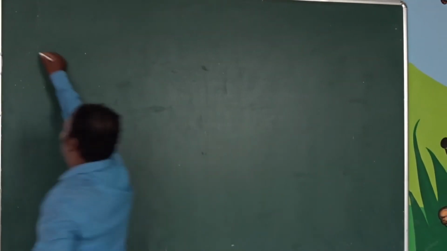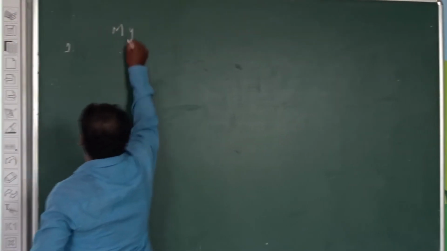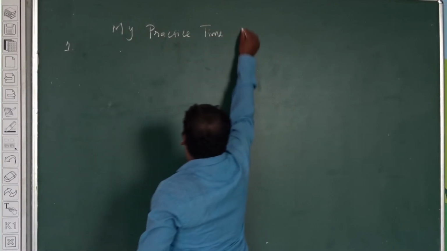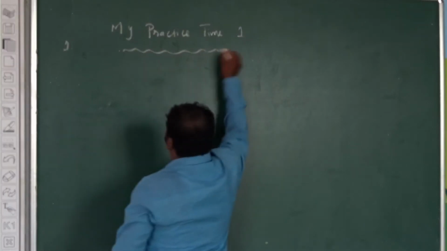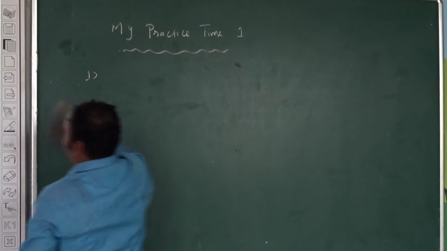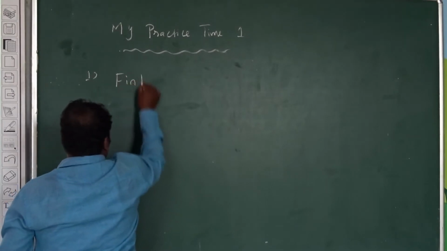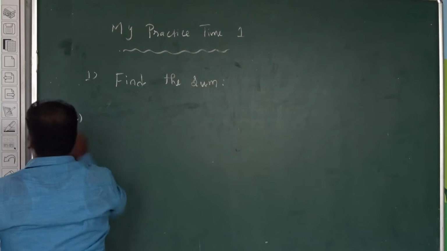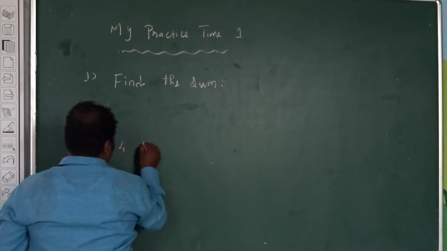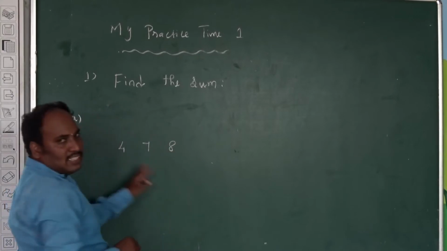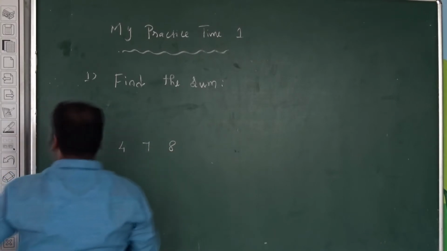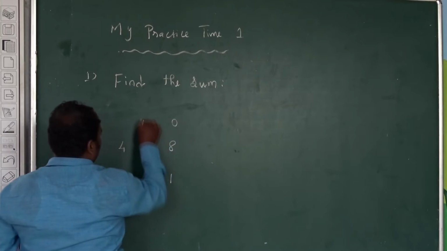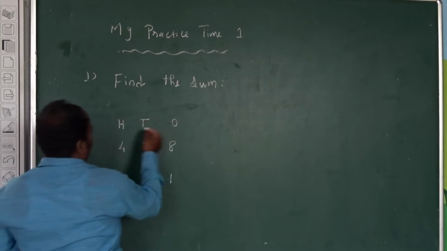The first one, my practice time 1. Find the sum. Here, A part: 478 plus 21.